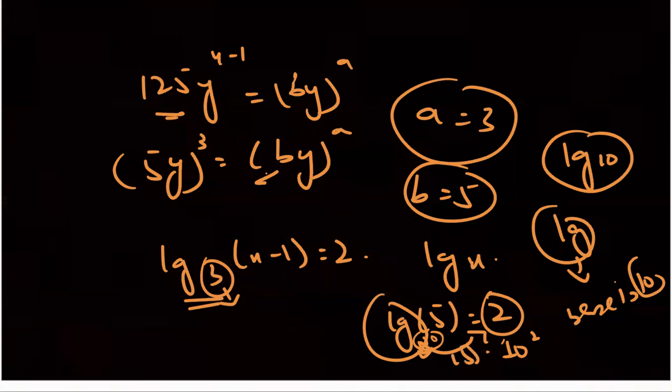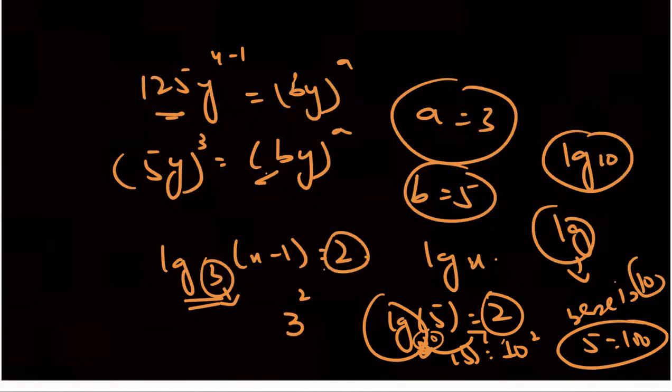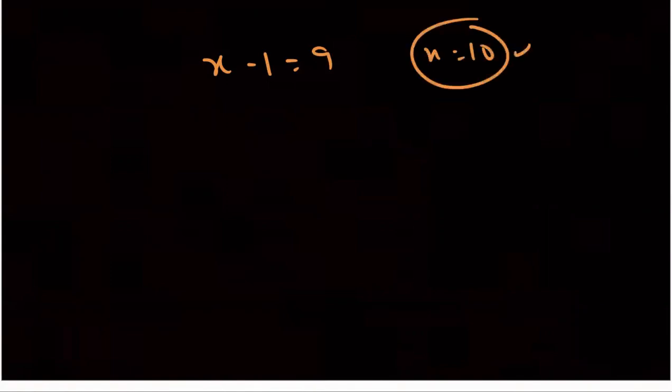So log x = 2 would have been translated into x = 10 square, right? Similarly over here, the base becomes the number, and the number on the other side of the equals to becomes the power. So now we can easily solve this. x minus 1 is equal to 9, x is equal to 10.